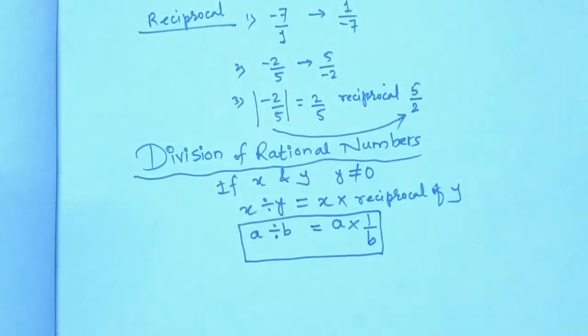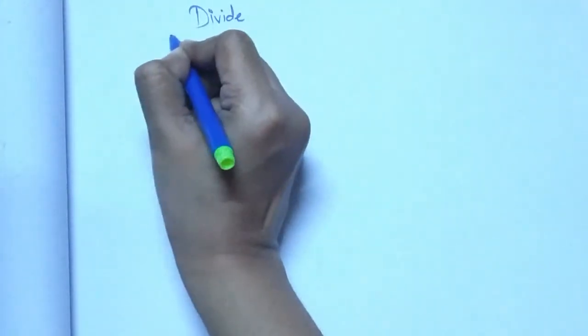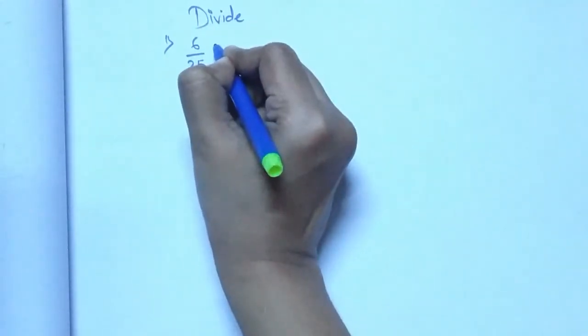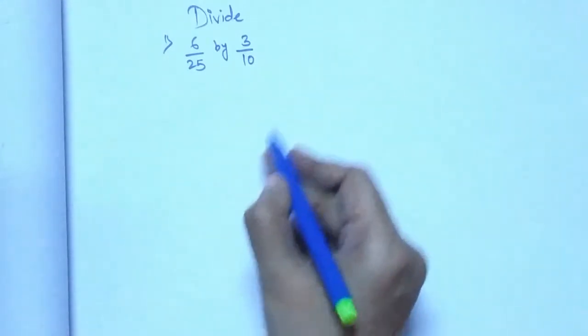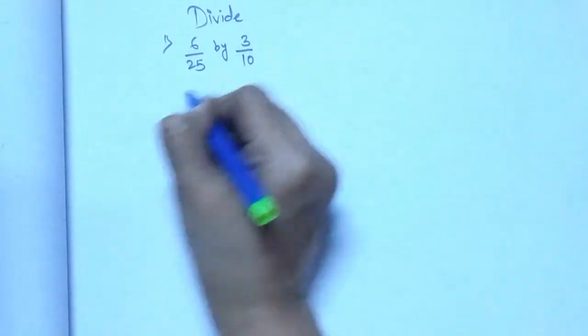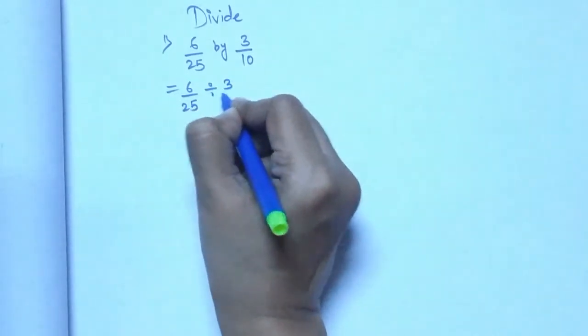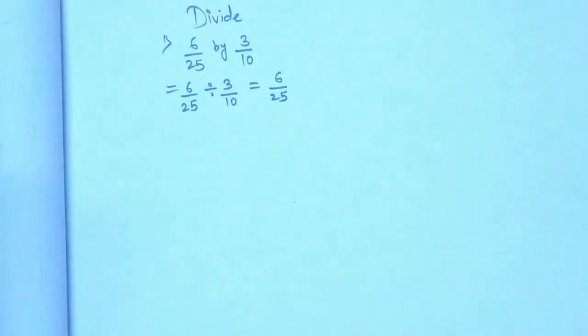So now we'll take examples one by one. For example, we can now divide 6 by 25 by 3 by 10. We will write 6 by 25 as it is.